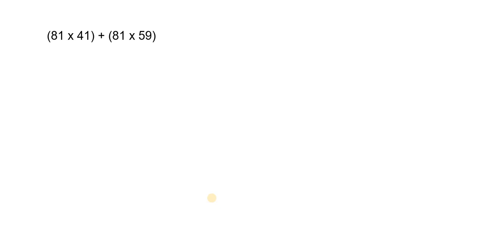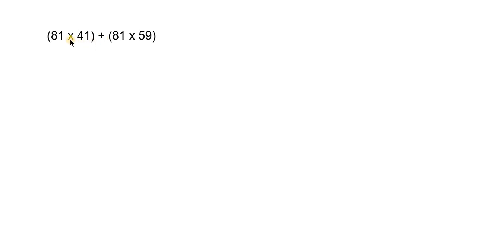See, there is another expression given like this: 81 multiplied by 41 plus 81 multiplied by 59. Compute the value of this. Just by seeing this, you see that there is an 81 here, there is another 81 here. There are two terms, and 81 is the same, and they are being added.